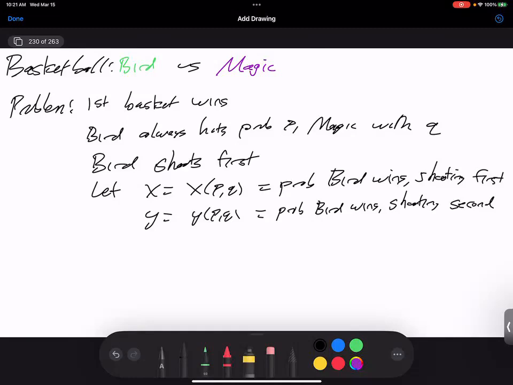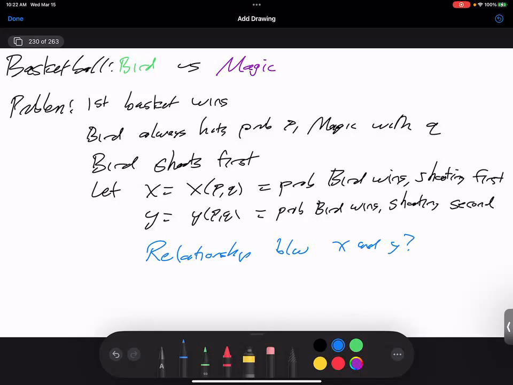So one question is, is there a simple relationship between X and Y? I'll let you think about that. Yes. Is it Y equals 1 minus Q times X?